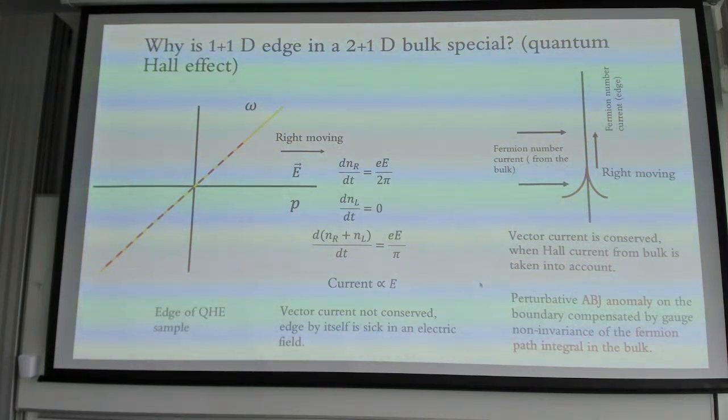So this theory by itself is sick, but it can exist on the boundary of a quantum Hall sample because there is this current flowing from the bulk to the boundary, which can compensate for this current non-conservation on the boundary. Another way of saying it is that you have a perturbative ABJ anomaly on the boundary, which gets compensated by gauge non-invariance of the fermion path integral in the bulk.